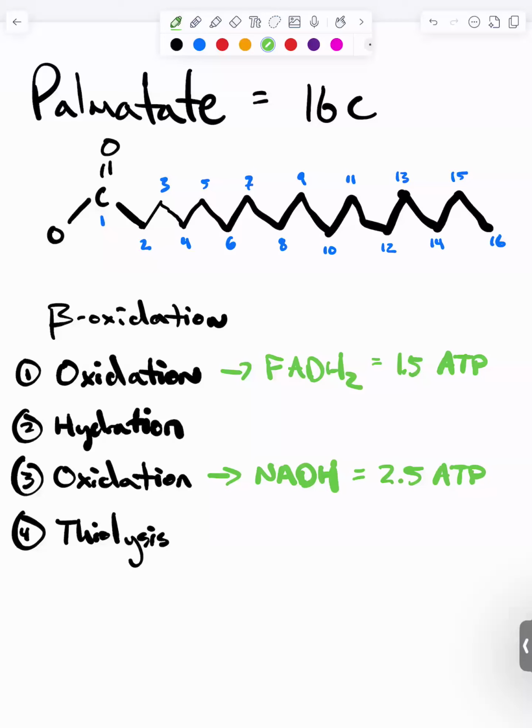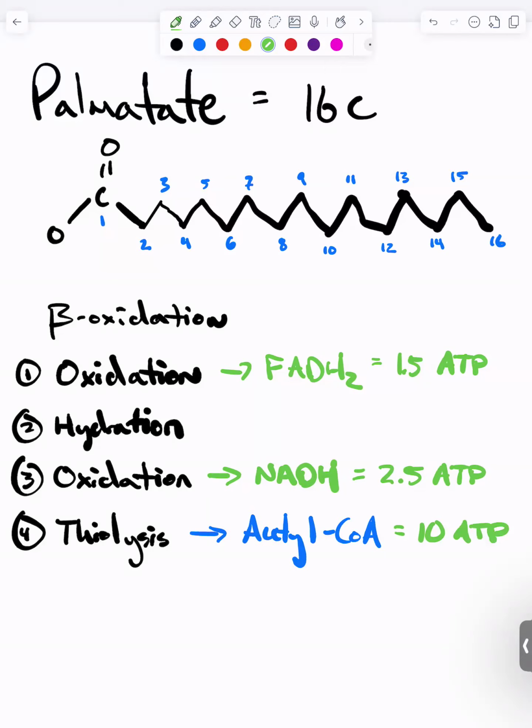We also get something else out of it. We also get out of this step an acetyl-CoA, which we can stick into the citric acid cycle, and we can get out 10 ATPs. 1 turn of the citric acid cycle is worth 10 ATPs.